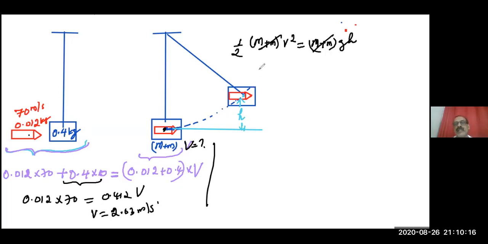Yes, sir. Then we need height. Half into v squared, we know, 2.03 into 2.03 divided by g. g means 9.8. Is equal to h.